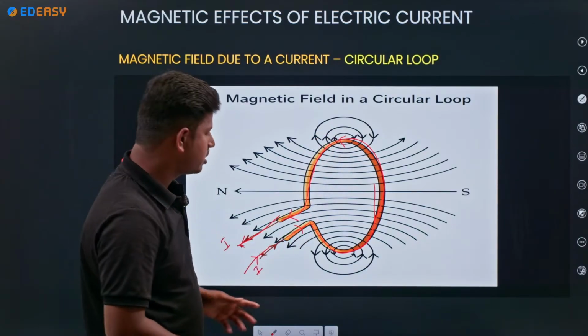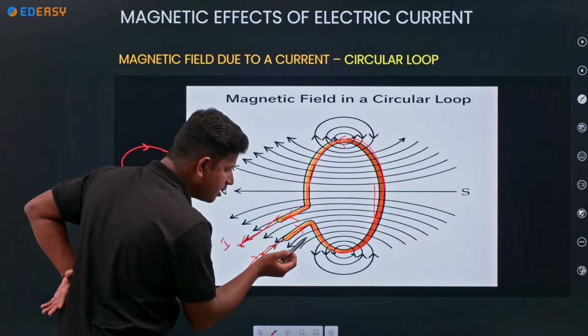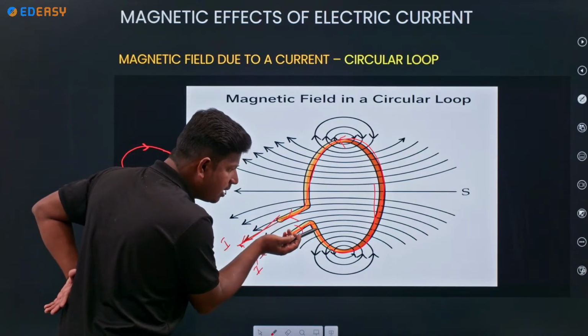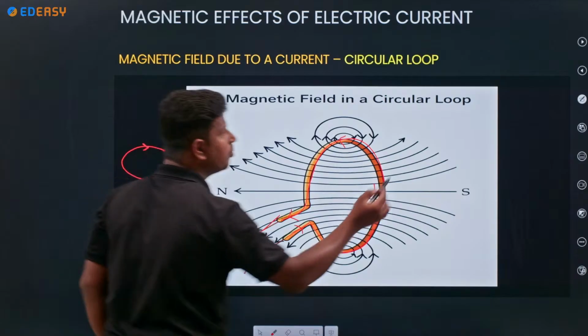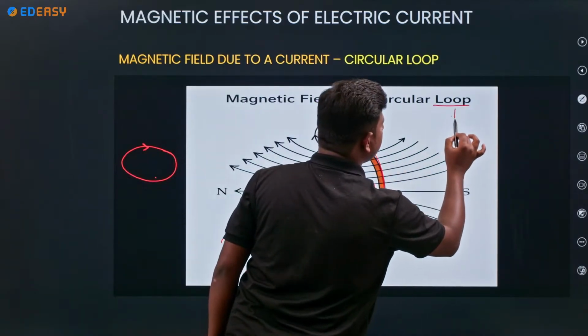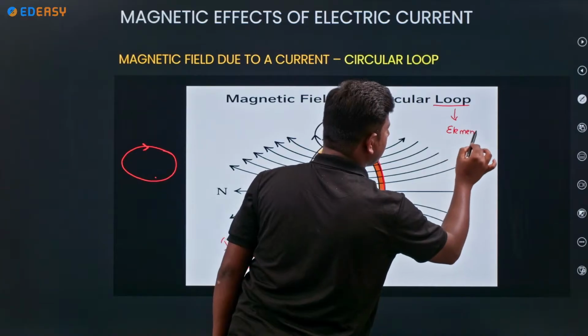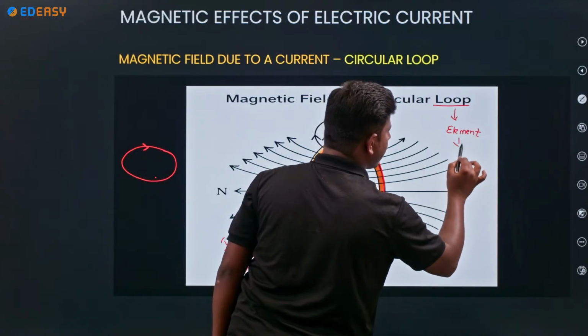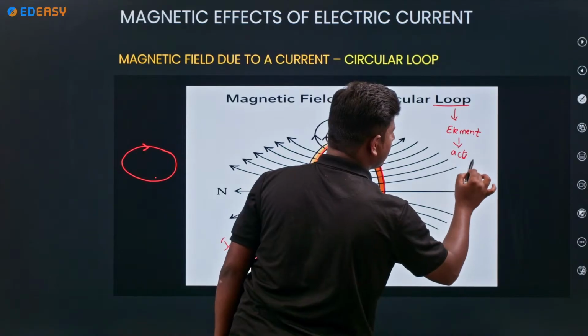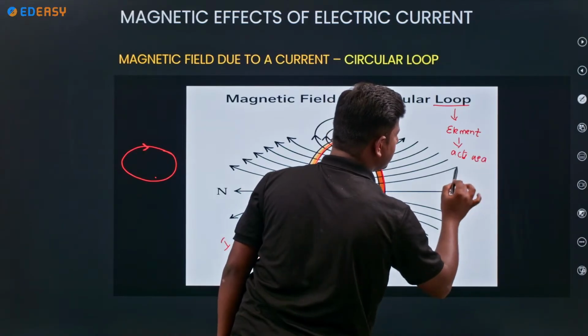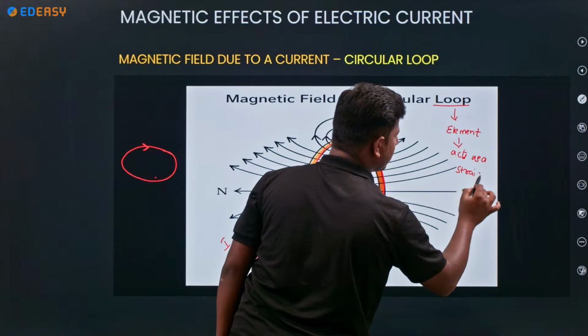See, every element in a circular loop acts as a straight conductor.